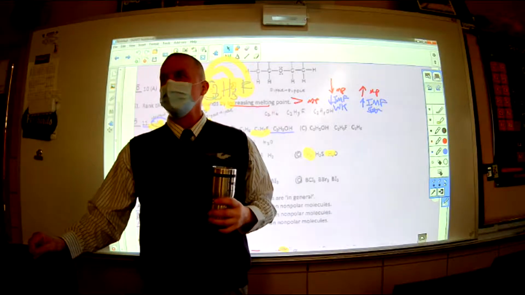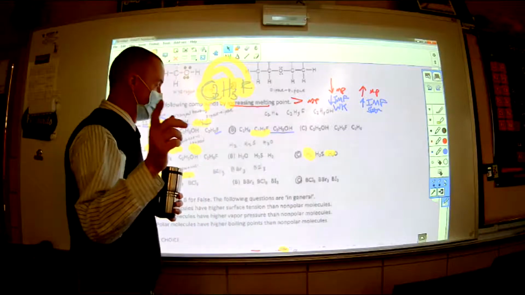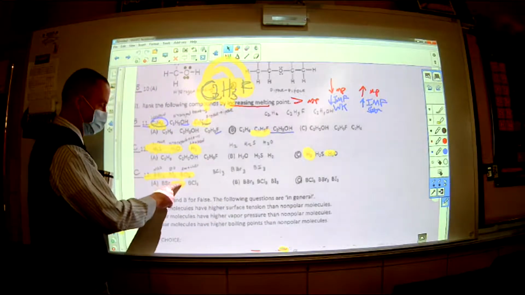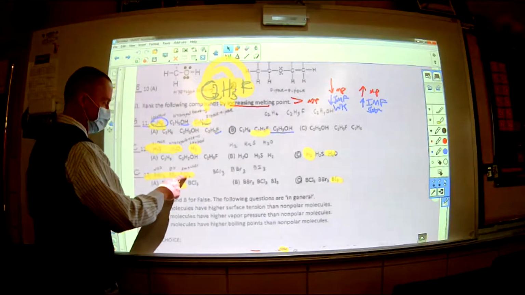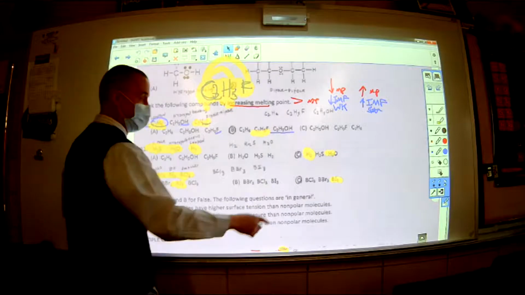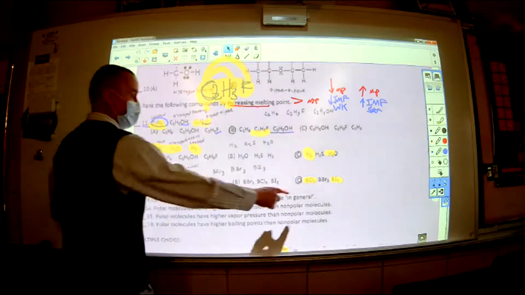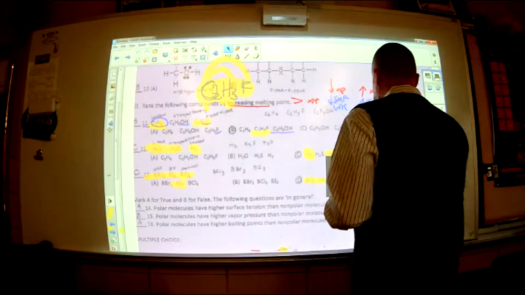London. London is stronger with what kind of atom? Small or large? Larger, because you have more electrons that are held less tightly. So the largest one, BI3, should be last. The smallest one, BCl3, there is no BF3 on this list, should be first. If it was BF3, that would be first. BBr3 is right in the middle. That's all you have to do on those.